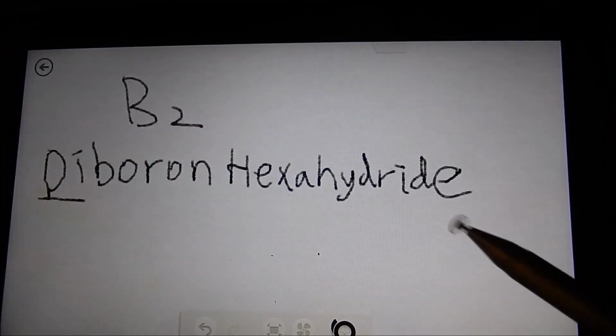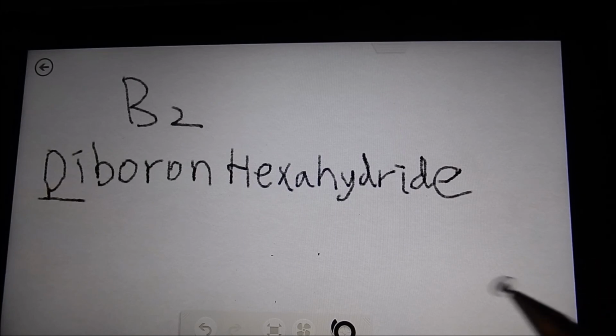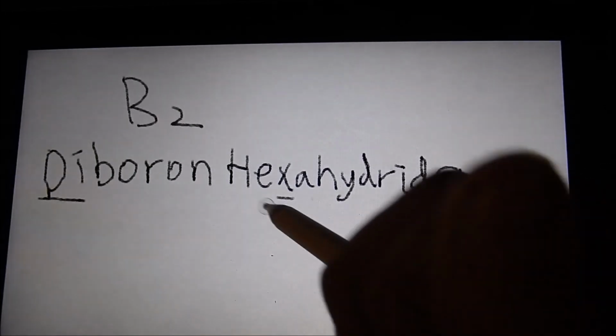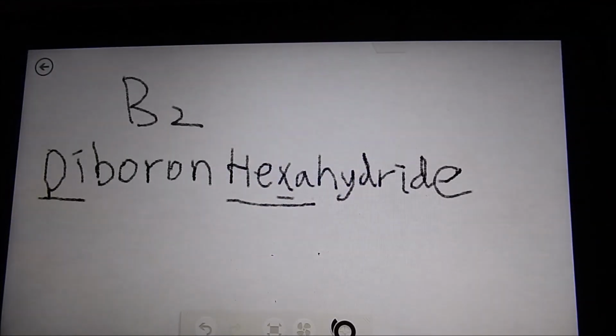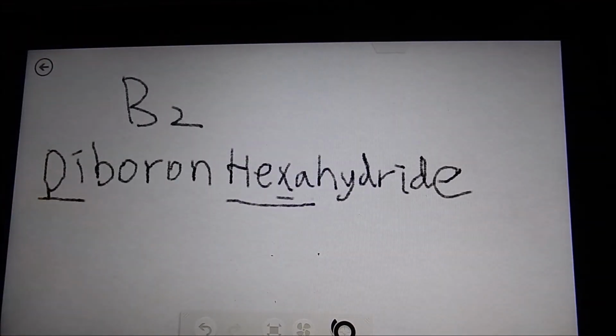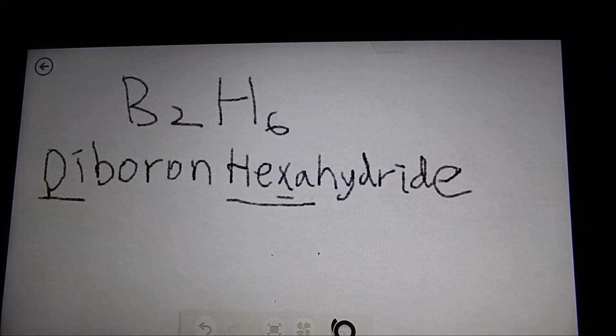And then second, hydride might look confusing, but it is just hydrogen plus the suffix "ide". So it is just hydrogen. And since there's hexa in front, hexa means 6 according to our chart. So there will be 6 hydrogen atoms.